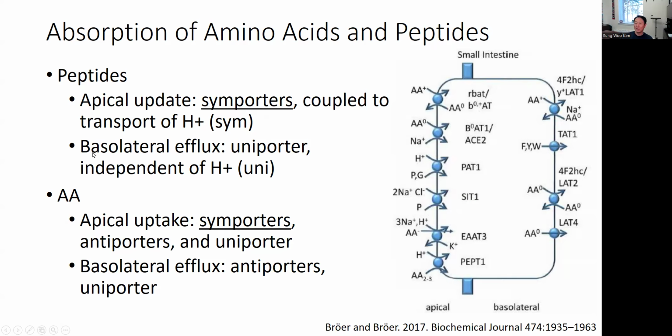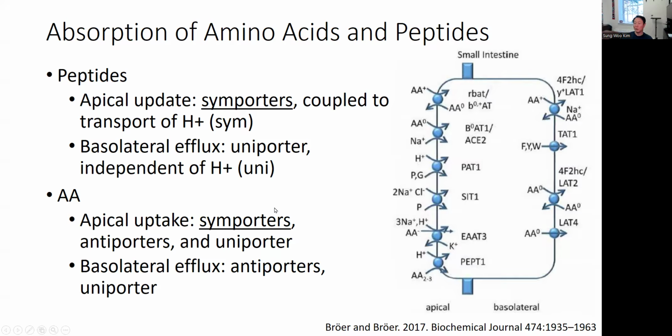For the basolateral transport, it will be mainly the uniporter, so it is not using hydrogen and not spending energy. In the case of amino acids, for the apical uptake, it's mainly symporters, but in some cases antiporters or uniporters as well.